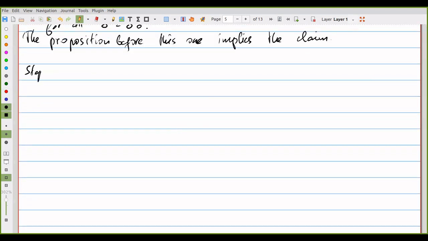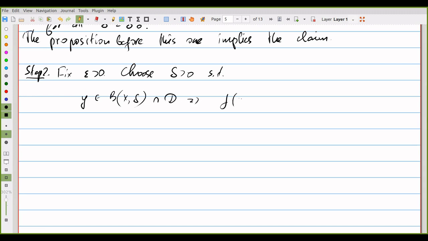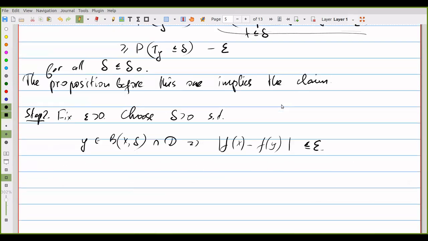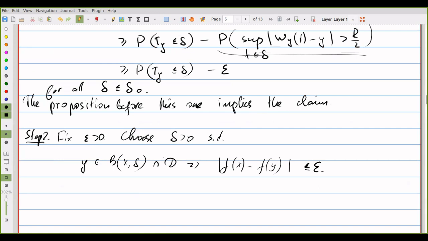Now step 2. Again, fix epsilon greater than 0 and choose delta such that if y is close to x and in D, then the difference is less than epsilon. f is continuous, so this is possible. f was defined on the boundary, so we need to have the boundary here.